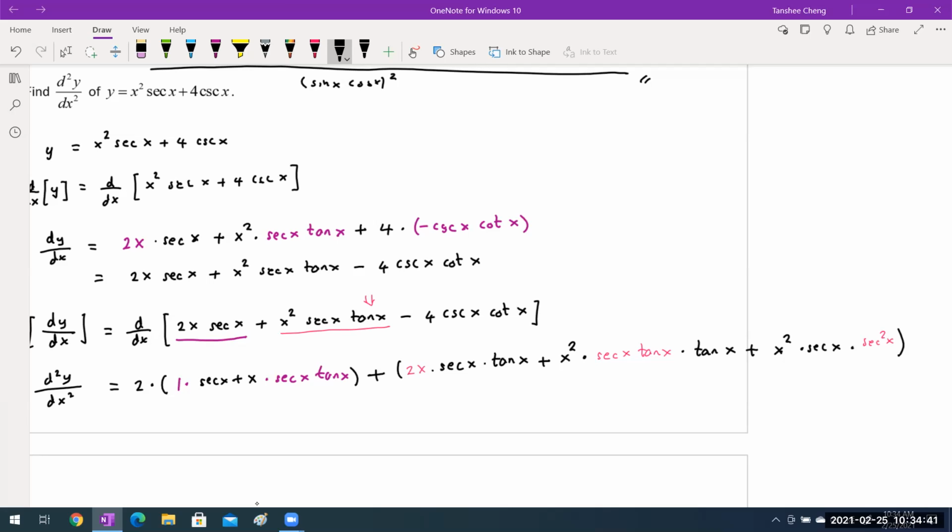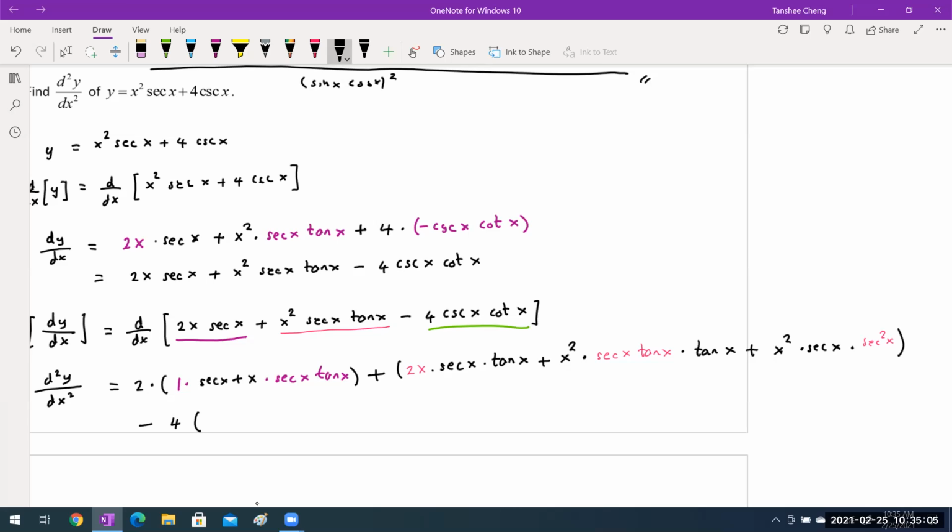And then lastly will be minus the derivative of the third term, right? So for the derivative of the third term, I can factor 4 outside, taking the derivative of inside.